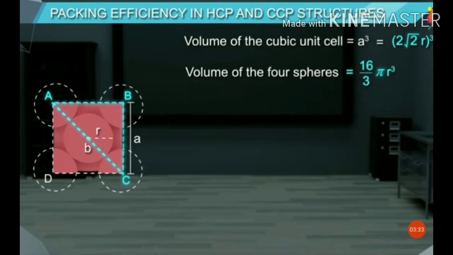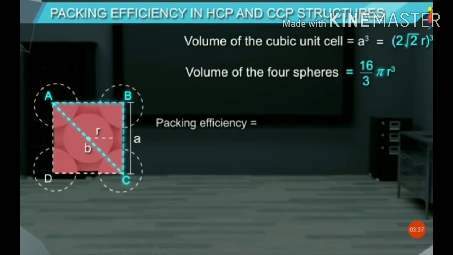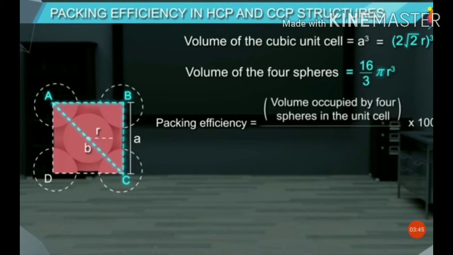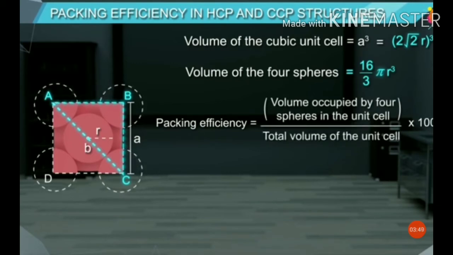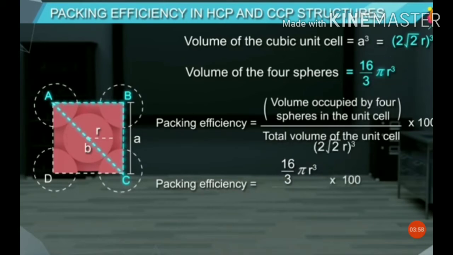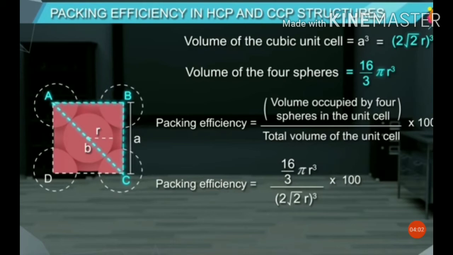Then packing efficiency is equal to the volume occupied by 4 spheres in the unit cell into 100 divided by total volume of the unit cell. Substitute the values, then we get 16 by 3 pi r cube into 100 divided by 2 square root 2 r the whole cube.